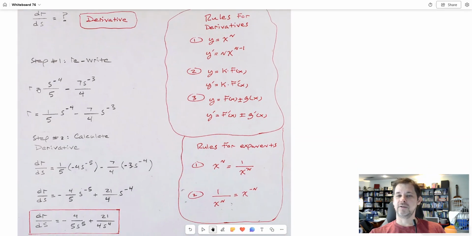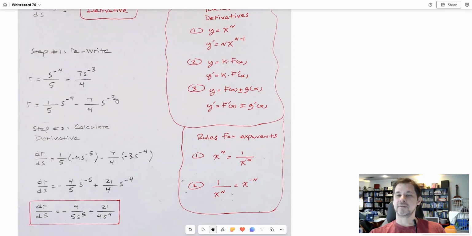So I start by doing that, and then I want to do one more thing. I could write s to the minus 4 power over 5, but I think it would be a little easier to see it as 1/5 times s to the minus 4 power. Same thing. And I could write 7 times s to the minus 3 power all divided by 4, but it is the exact same thing as 7/4 times s to the minus 3 power.